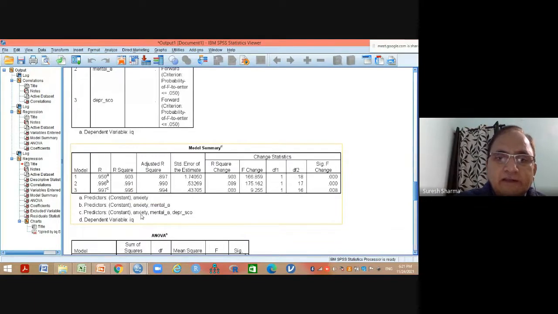But when you include anxiety, mental age, and depression, that is the important point. So this is what you have to report. The value of R square for our model at the last step was 0.995 and adjusted R square was 0.994. If there would have been a 4th variable, then it would go up to model 1, 2, 3, 4. Then you have to report the 4th one only. You follow my point?